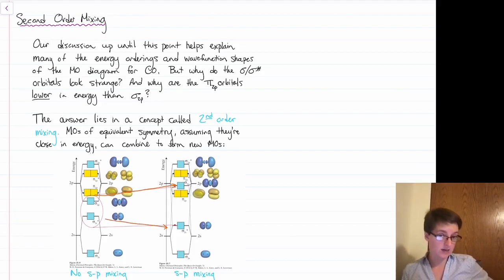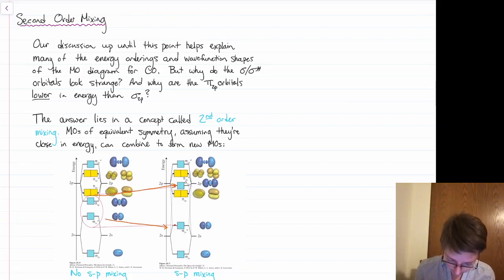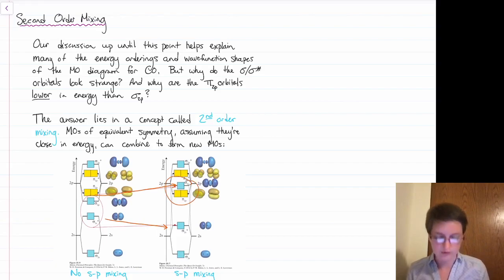This is net stabilizing for the overall molecule, but it does mean that if there's enough second-order mixing, we're going to swap the relative energy orderings of my pi 2p and my sigma 2p orbitals.